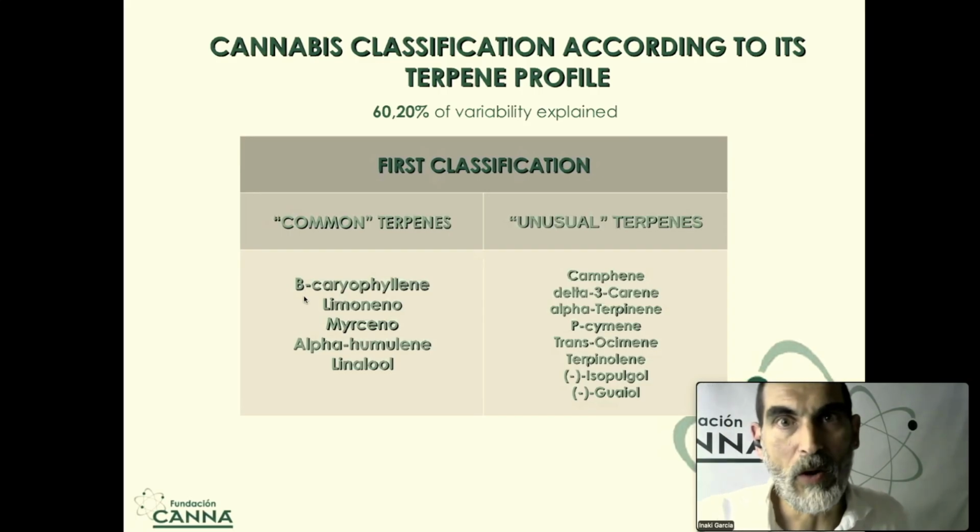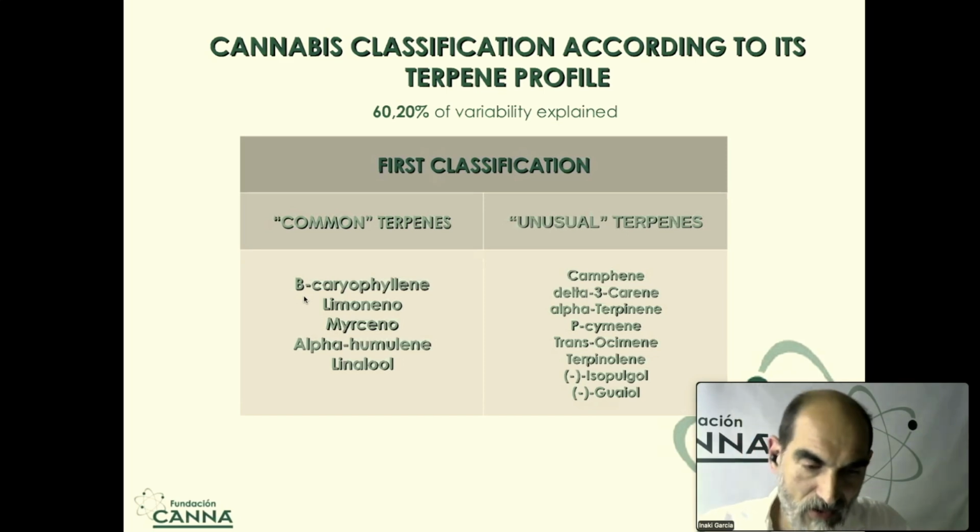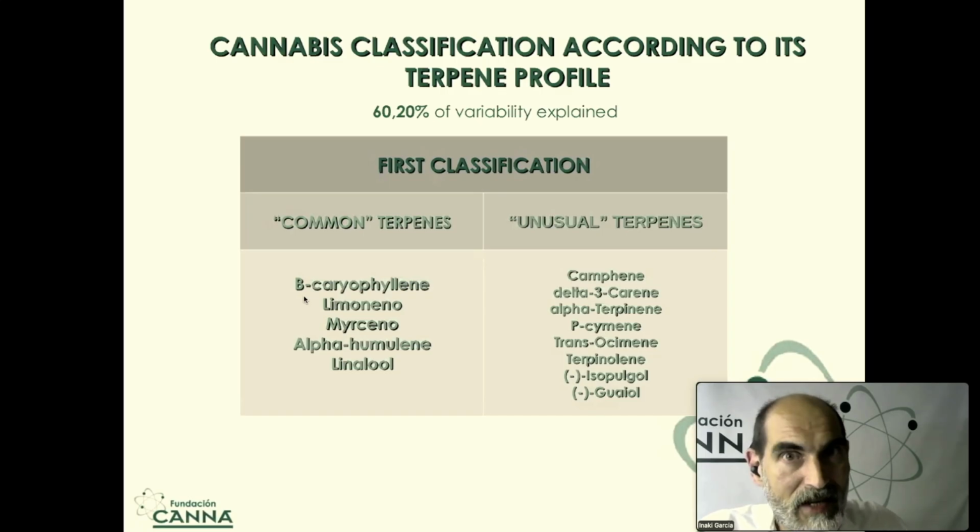I cannot say in big quantities, but there are terpenes present that are not usually in all the plants. For example, camphene, trans-ocimene, and terpinolene. Terpinolene is the terpene that usually gives the odor, the aroma, of the haze plants, some kind of amnesia plants.